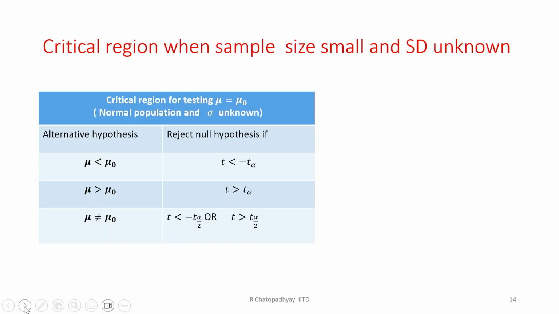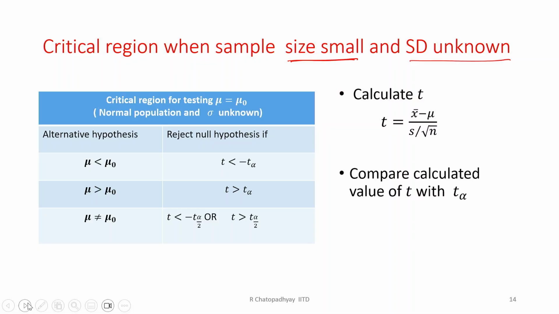The other situation may come when sample size is small, and standard deviation is unknown. In that case, what we calculate is no more Z. Now you have to go for the T statistic, which you have also learned, and calculate the value of T. The formula of T is given here, and it is exactly similar to the formula of Z. So it is very easy to remember.